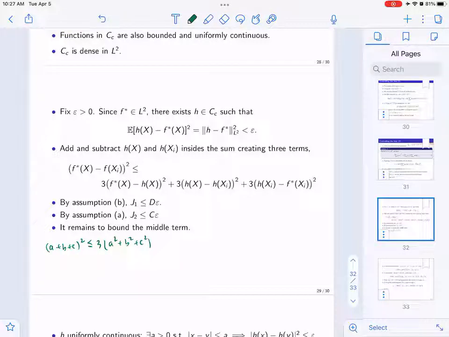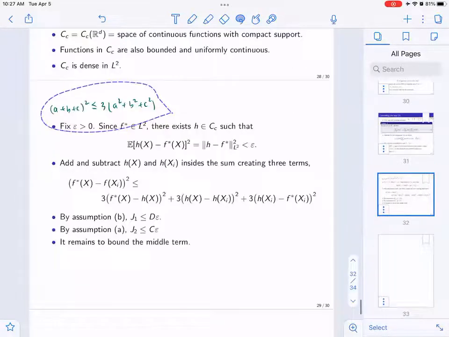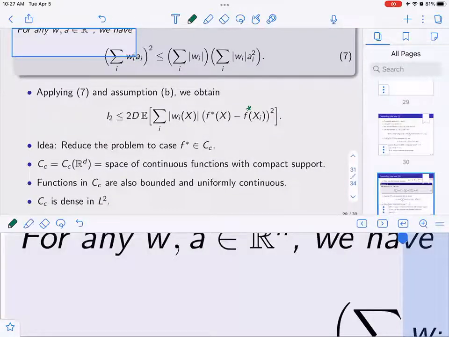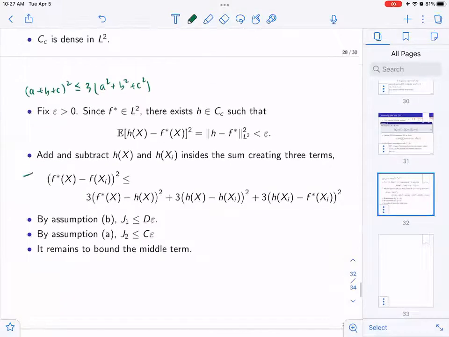We haven't gotten there yet. If I do the summation, I'm going to sum over w_i(x).